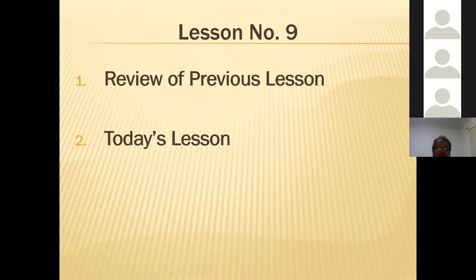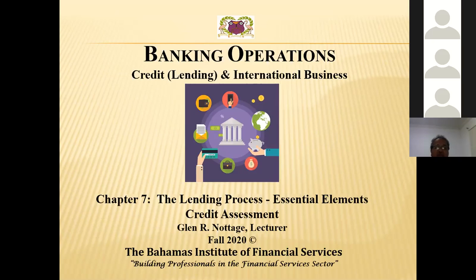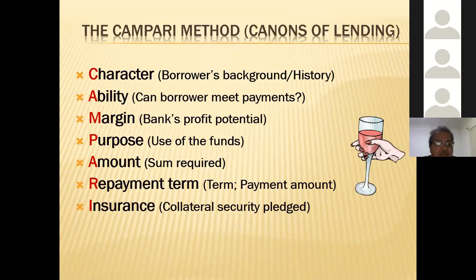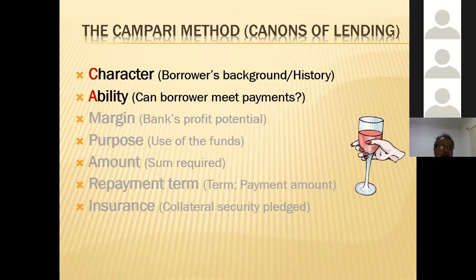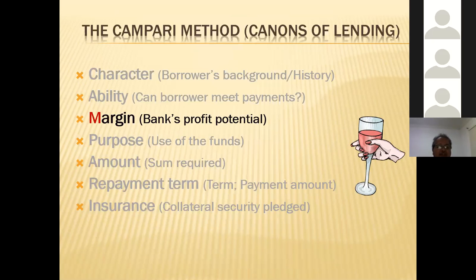All right. So, like I said, we were looking at the comparative method, character, ability, and we're going to be looking at margin.